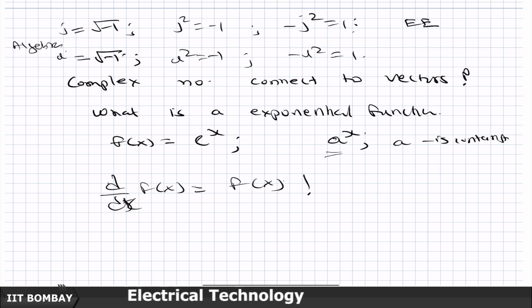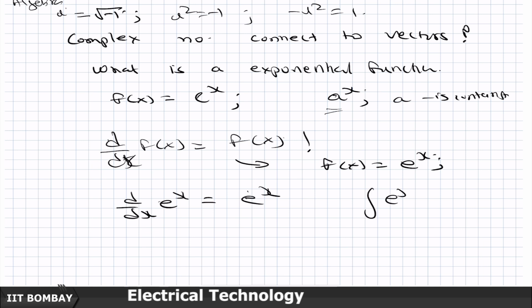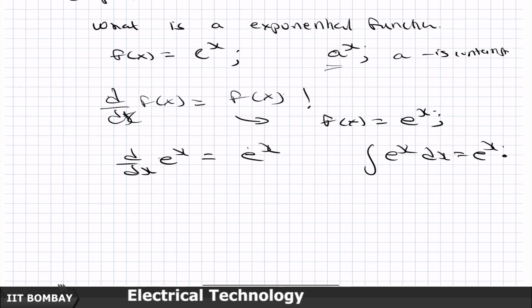When we try to answer that question, cutting a long story short, we come to the answer that such a function is e to the power x. So, d by dx of e to the power x is e to the power x, and obviously the integral of e to the power x dx is also e to the power x.